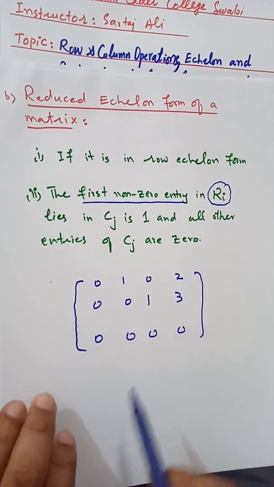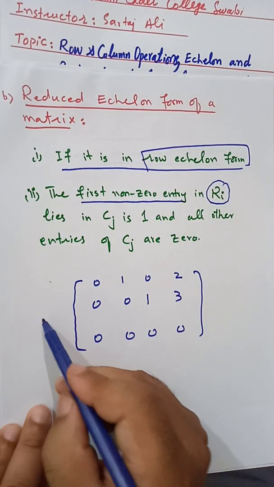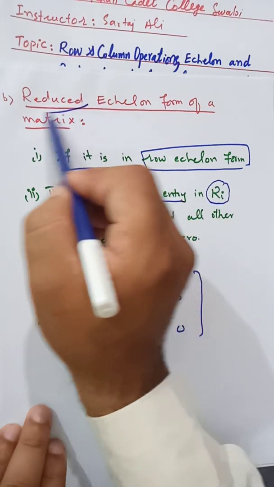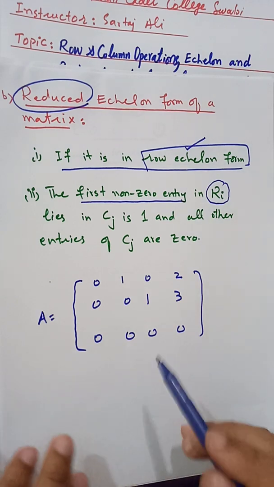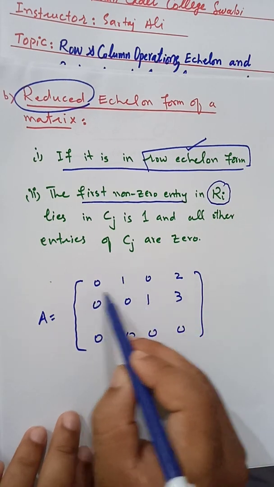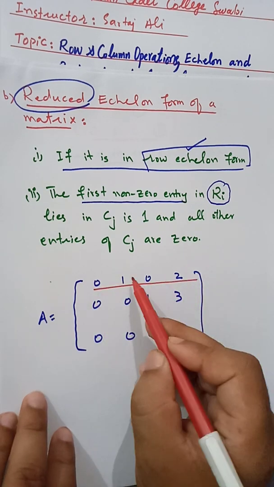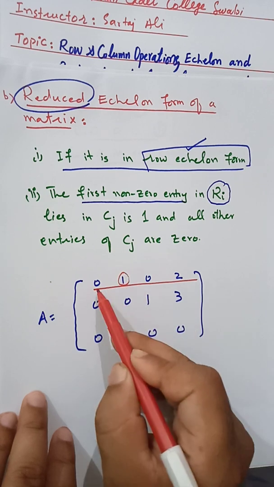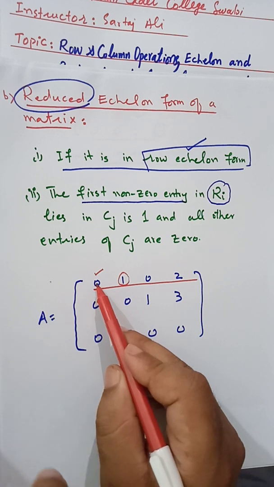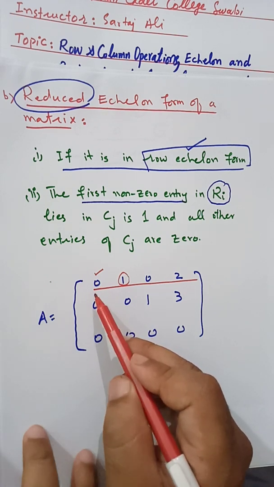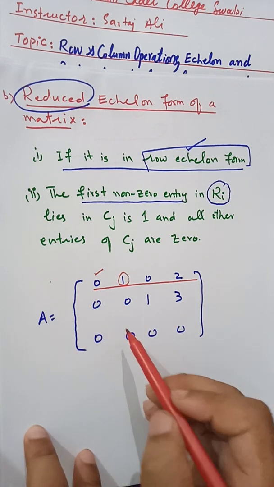First of all you need to check that the given matrix is in the echelon form. If you are checking whether the given matrix is in the reduced row echelon form, first of all you need to check that it is in the echelon form. So for the echelon form, you will search for the first non-zero row. This is your first non-zero row, and this is your first non-zero entry. Before the first non-zero entry, the number of zeros is 1, and the number of zeros must increase in the succeeding rows.